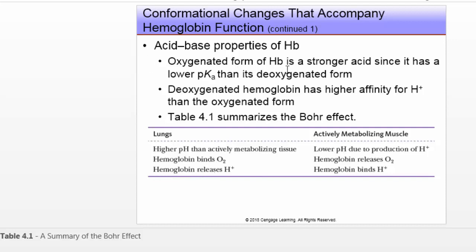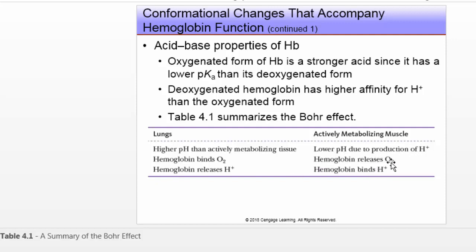So the oxygenated form of hemoglobin is a stronger acid, since it has a lower pK than the deoxygenated form. Deoxygenated hemoglobin has higher affinity for H plus than the oxygenated form, and this is found in the actively metabolizing muscle.